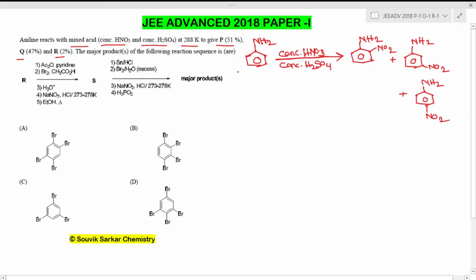Now we have to determine which isomer is which one, that is which one is P, which one is Q and which one is R.